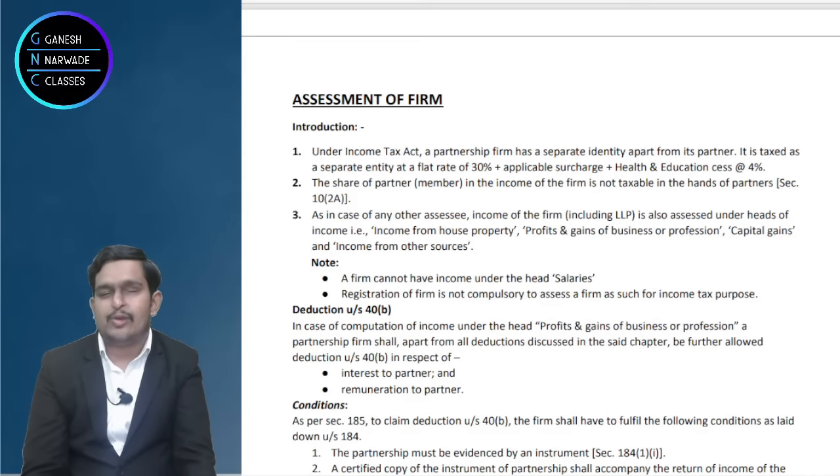And this 12% surcharge is not calculated on income, it is calculated on tax. In income tax, wherever we hear surcharge, it is a tax on tax. Clear?